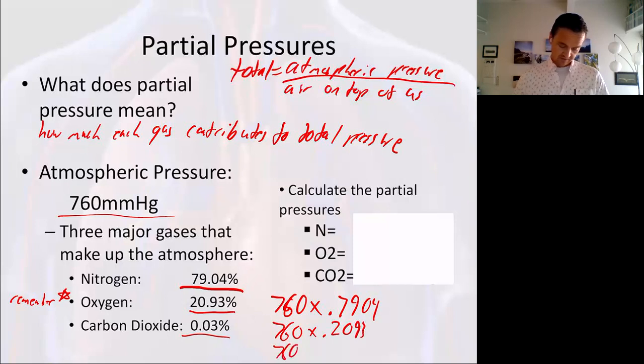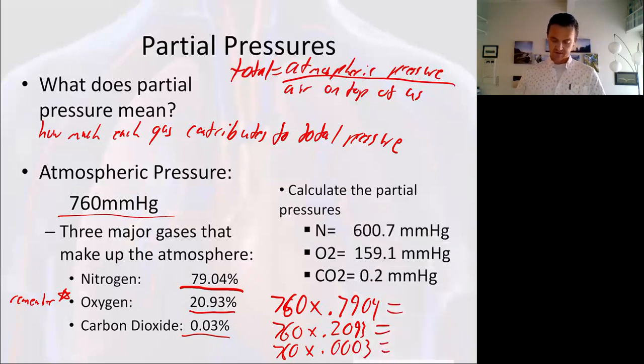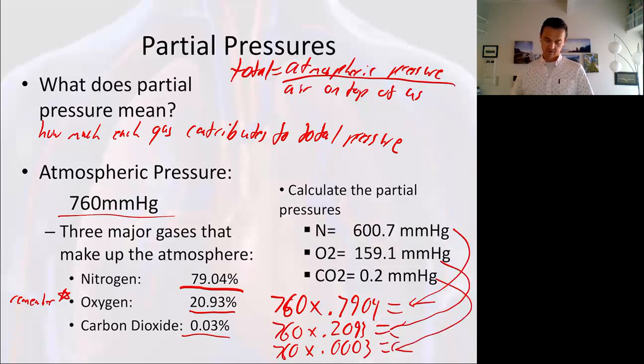Partial pressure of CO2, move that decimal place 2 to the left, and that is going to be 0.0003. Okay, and there's the answers to those, right? So about 600 millimeters of mercury, about 159, and about 0.2. So those are the partial pressure of each gas in the air.